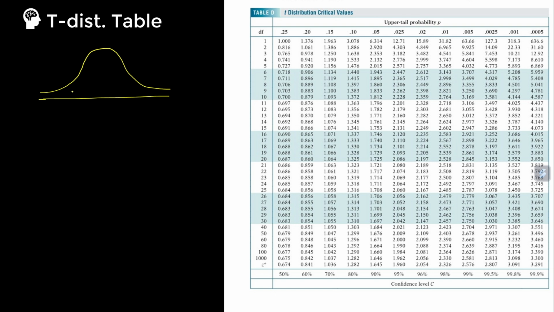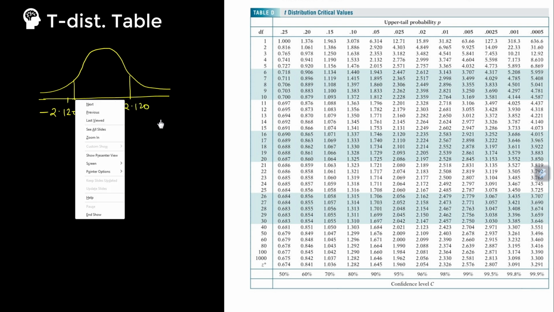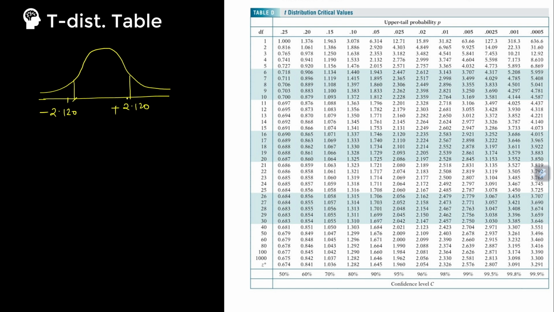It is saying between either this or this, 2.120 negative, 2.120 positive. So the area lies between this, meaning that we want to calculate this much portion. Okay, so how will we do that?